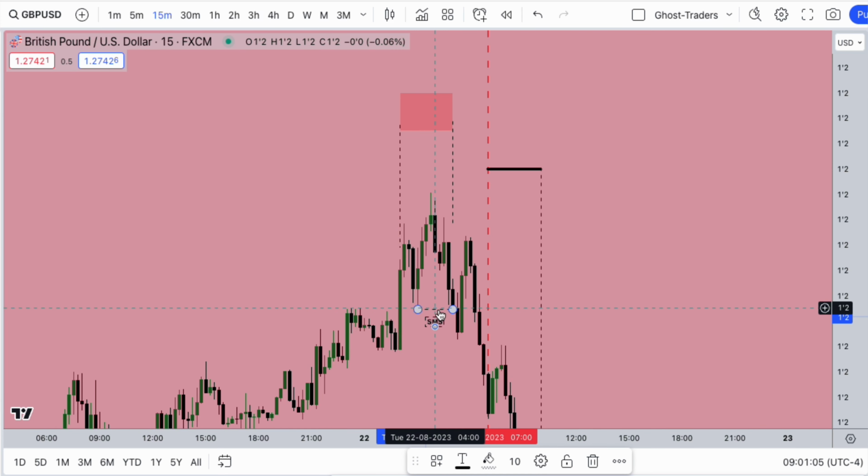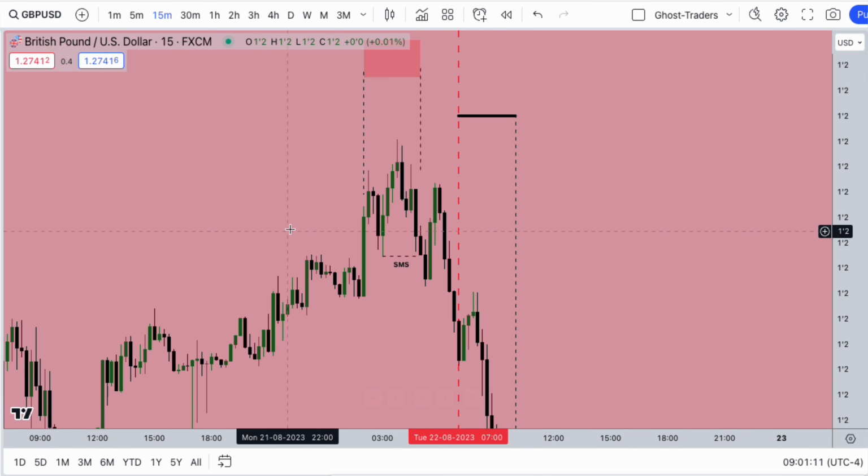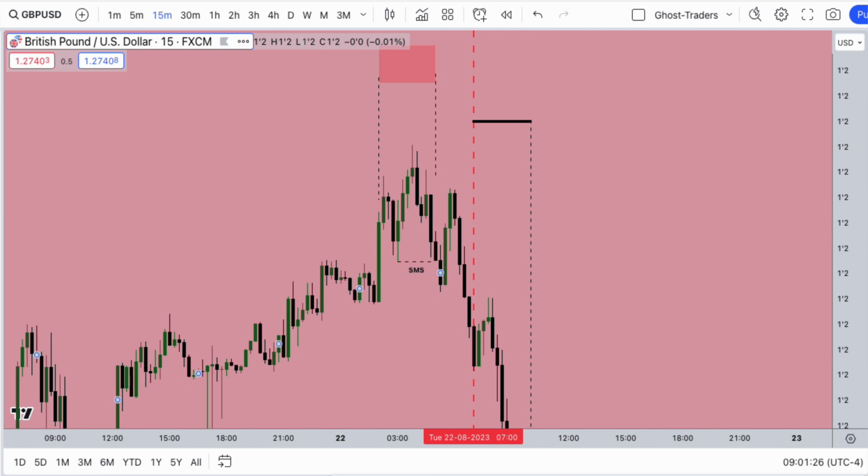It's taking some time. I didn't intend to make this video too long. So basically you can see what we have: shift in market structure, buy side liquidity, and then a shift in market structure here, and then this fair value gap here.